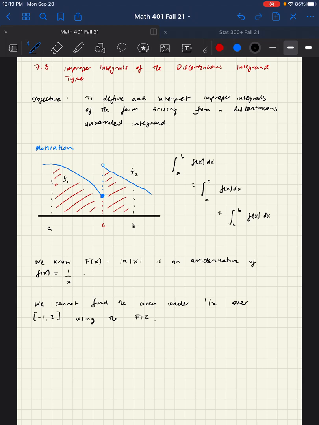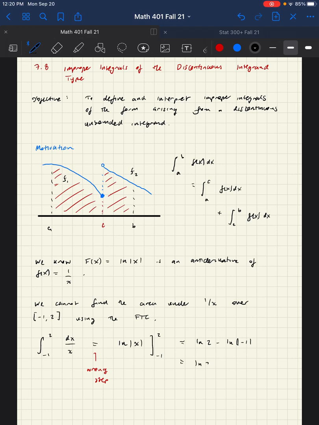The fundamental theorem of calculus only applies if the integrand f of x, 1 over x, is continuous over the entire interval a to b. So we could theoretically think that we can solve this integral. Erroneously, I'm going to notate here, this is not true, wrong step, we're going to write the antiderivative and evaluate it at b and a.